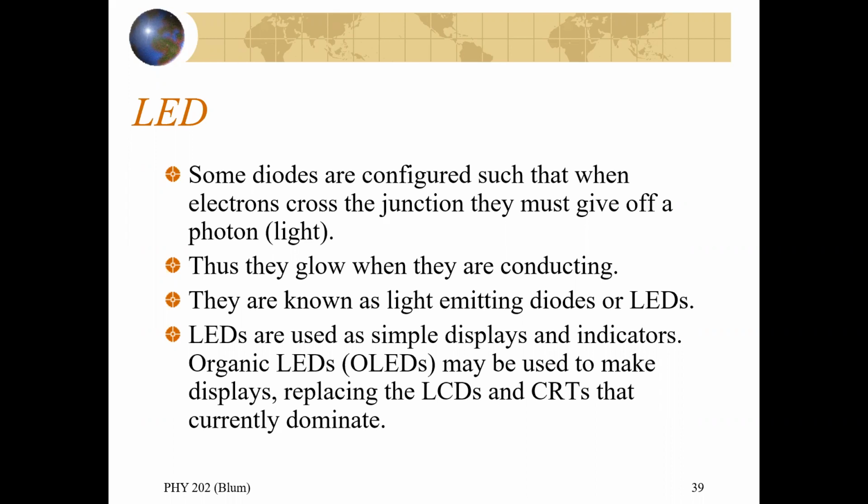So one kind of diode gives off light when it is conducting. We had those 7-segment displays, and I had you use them. Those used to be made, and maybe still are made, out of LEDs. You put some current through the diode, it lights up.